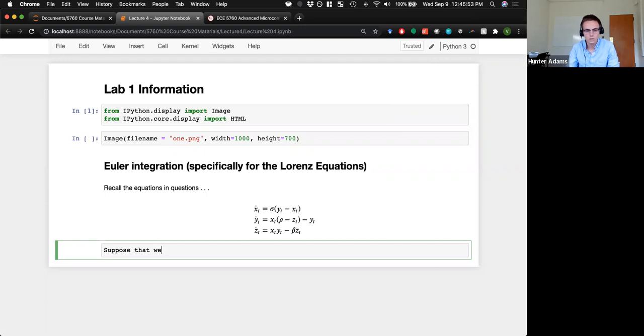So suppose that we know x at t0, y at t0, and z at t0. And suppose that we know all parameter values.